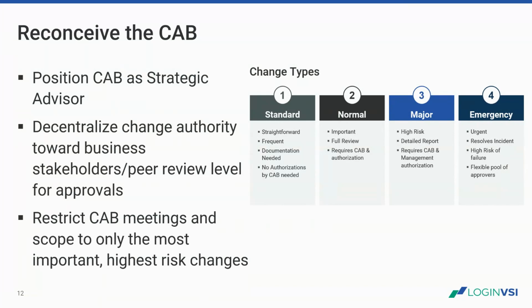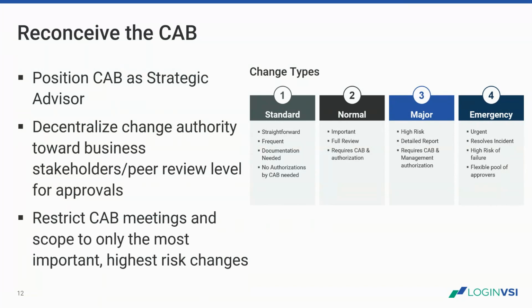So if we look at our change types, a standard change needs no authorizations by the CAB, only the stakeholders. So if your application owner, your business owner, and your business user all agree, then we're good to go. We don't have to wait for a week or twice a week, get into a meeting, review things that are just going to be rubber stamped for approval.